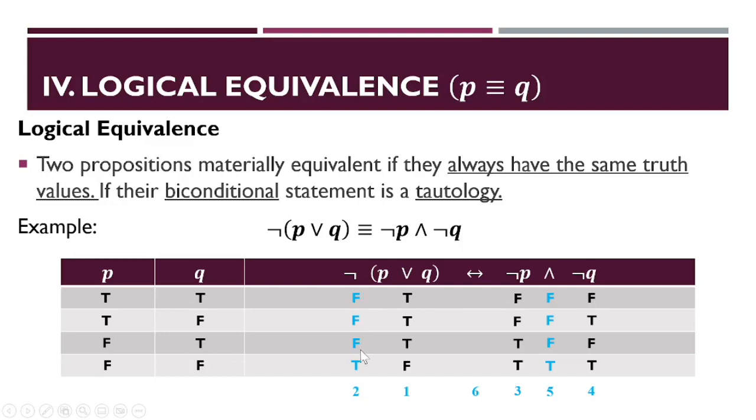So false, false, false, true, false, false, false, true, they are the same. So the biconditional are all true. And thus, their biconditional is a tautology. So you can use this as an equivalence relation. So we can interchange them as they are equivalent.